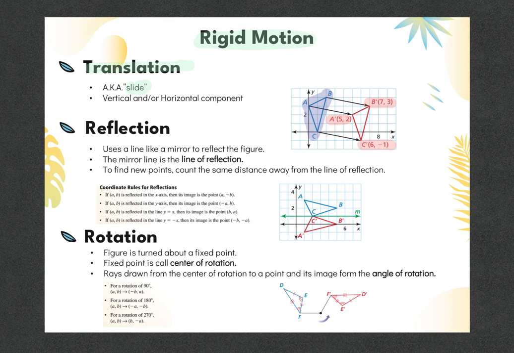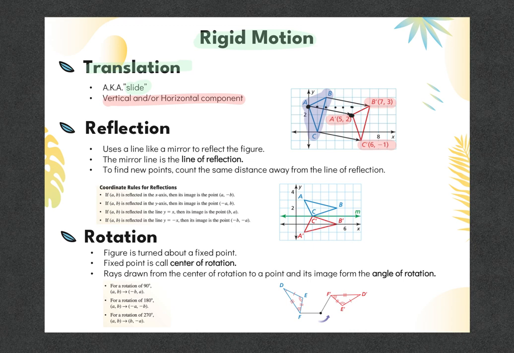In this translation, there's a slide to the right and down. So this is both vertical and horizontal. If you compare just one individual point here and you wanted to know what the change was, you went to the right 1, 2, 3, 4, 5, and you went down 1.